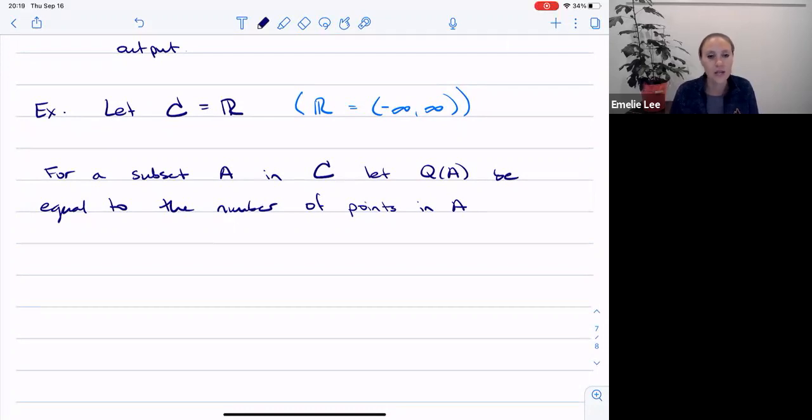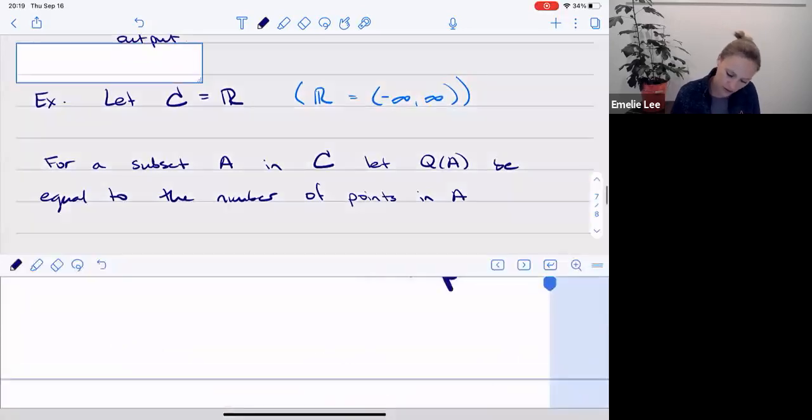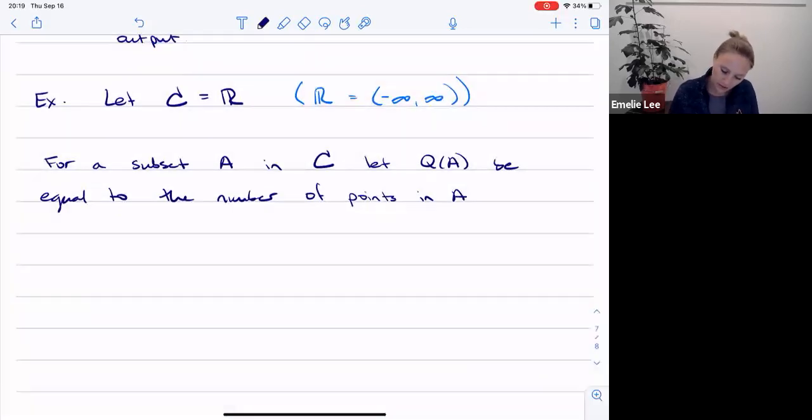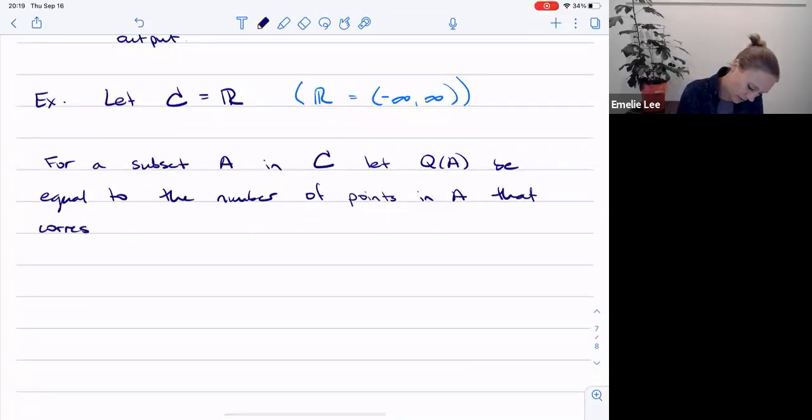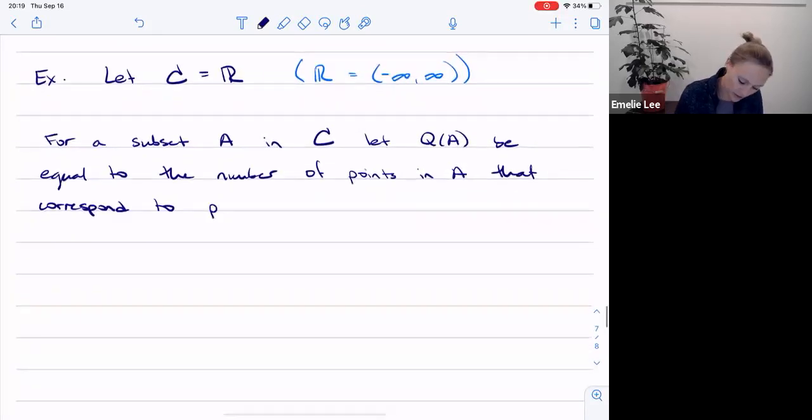Positive integers. I told you it's going to be so important to keep track of those. Positive integers are 1, 2, 3, 4, 5, 6, and nothing in between.